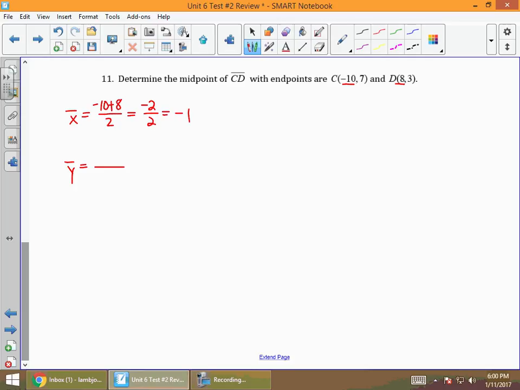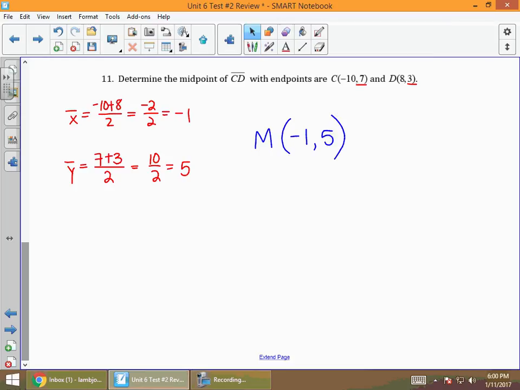The y average, or y bar, I take my y values, 7 and 3, add them together and divide by 2. 7 plus 3 is 10, divided by 2 is 5. So the midpoint, I'll call it M, is the point -1 for the x value and 5 for the y value.